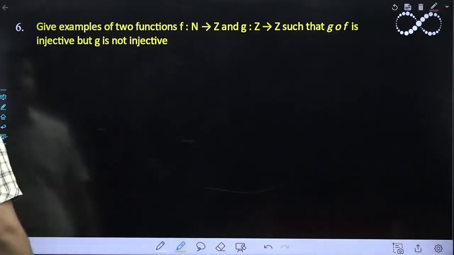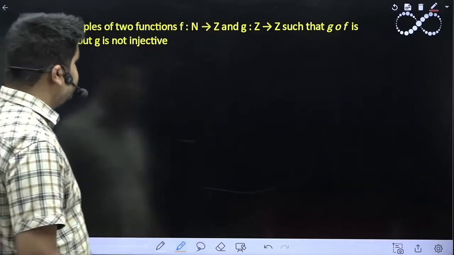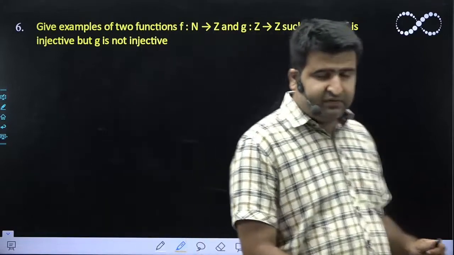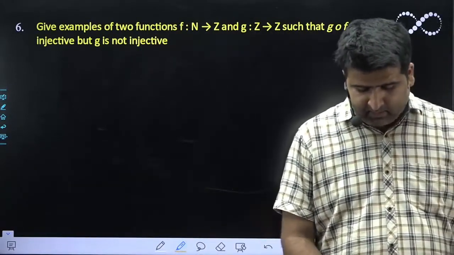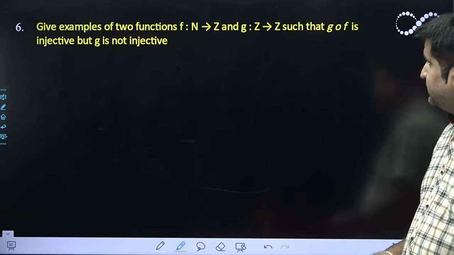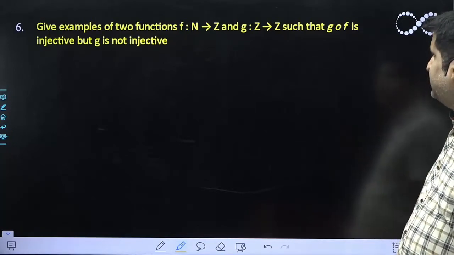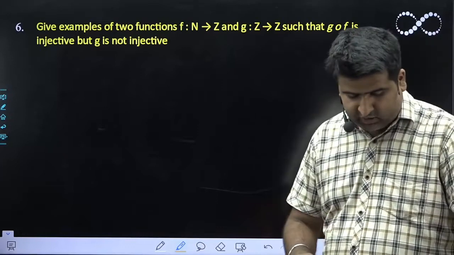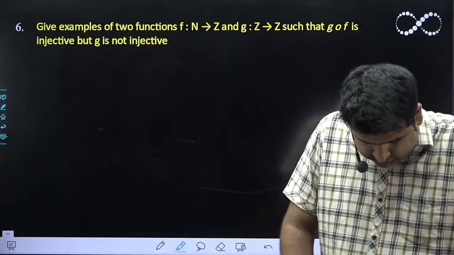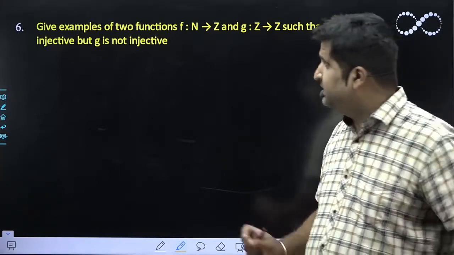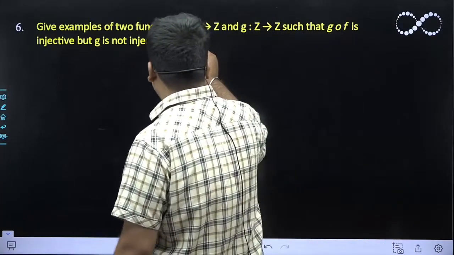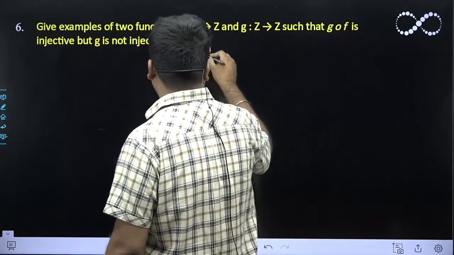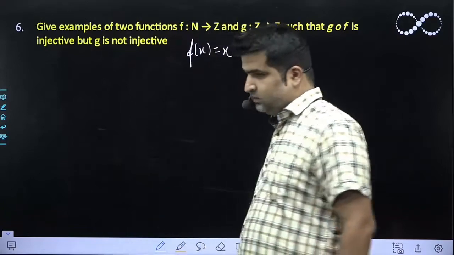Let's see the next one. Give example of two functions f defined from N to Z and the other function g defined from Z to Z such that g of f is injective but g is not injective. So in this we'll take two examples. First we'll take fx is equal to x, right?